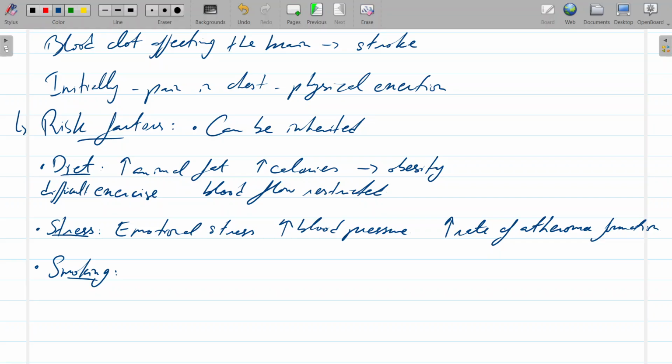And like how stress messes up our hormones and all. Yes, stress causes release of hormones which affect blood pressure and our metabolism and everything, and that will affect, among other things, the development of atheromas in the arteries.